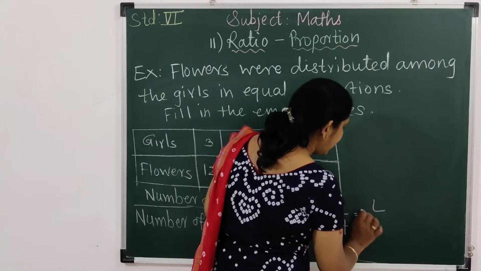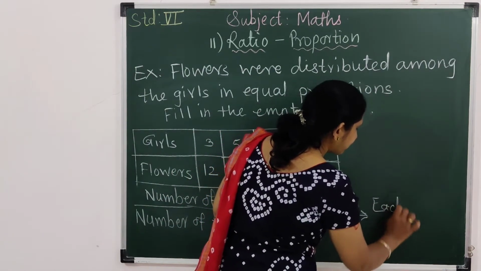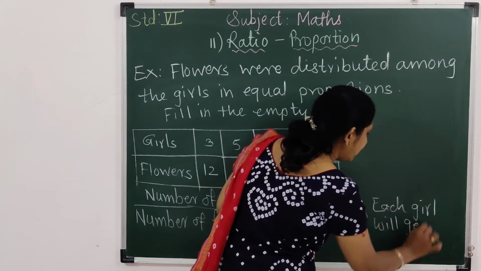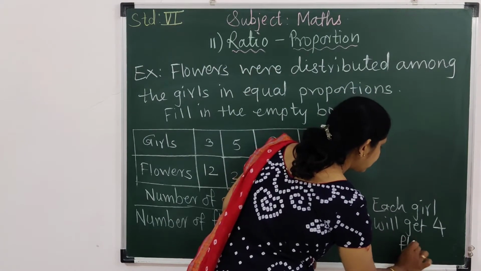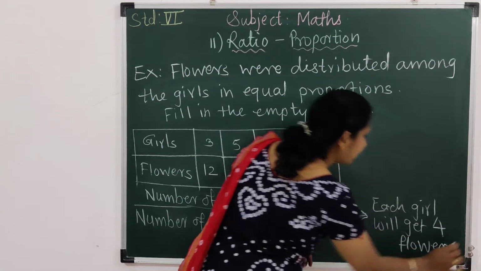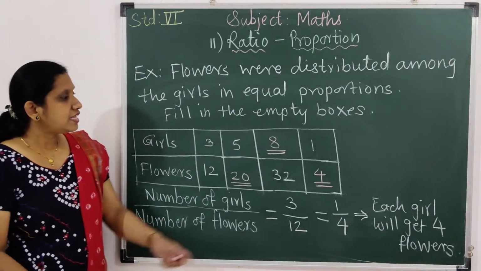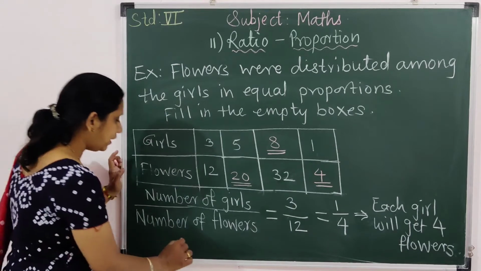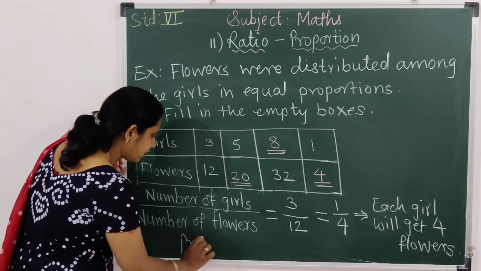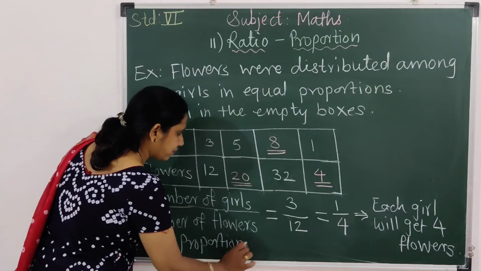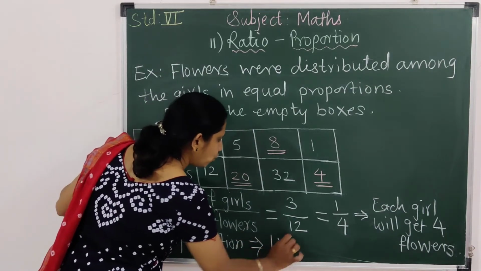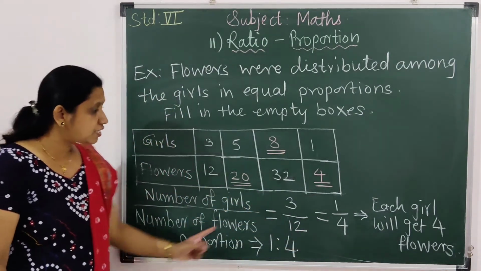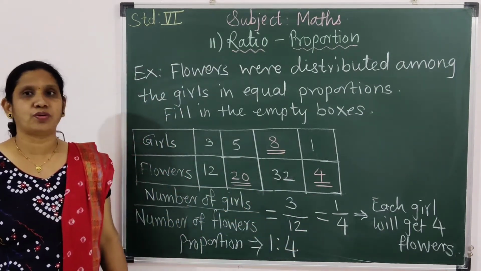We can write each girl will get 4 flowers. And this is in the ratio form 1/4. It can be written in the proportion 1:4. So this is the ratio form and this is the proportion 1:4.